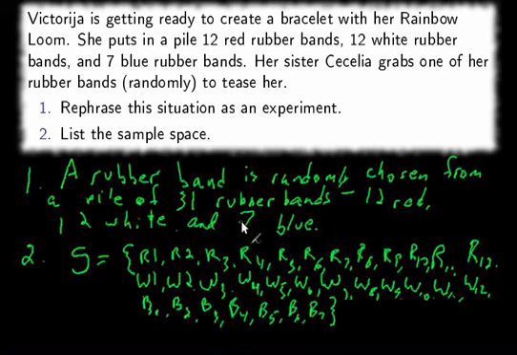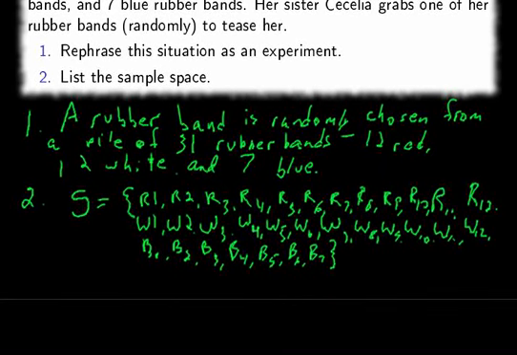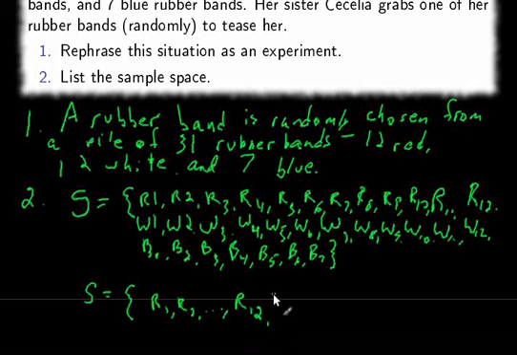Now, if we want to cut down a little bit on the labor, maybe we can write it like this instead. This is okay as well. The sample space is the set containing red 1, red 2, dot, dot, dot, all the way up to red 12.